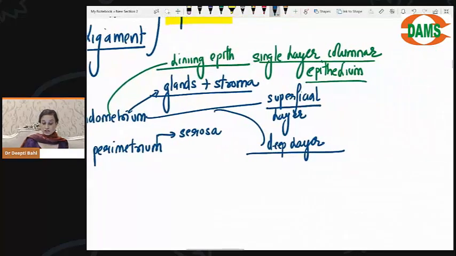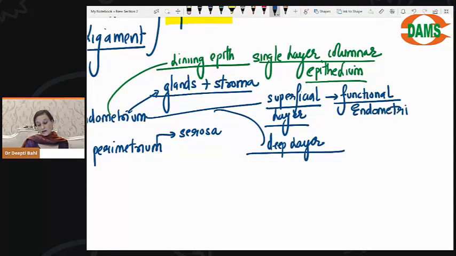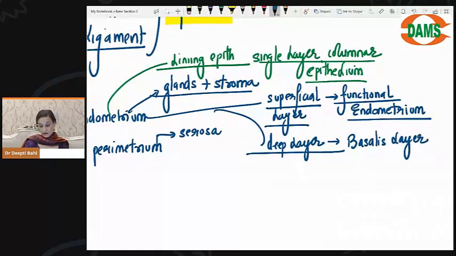The superficial layer is called the functional layer or the functional endometrium, whereas the deep layer is the basalis. So the deep layer is the basalis, and there is a functional layer as well.